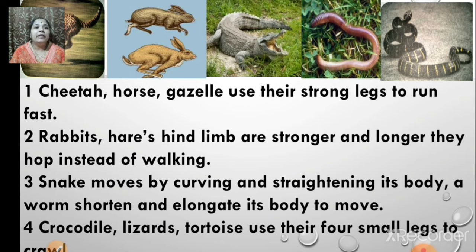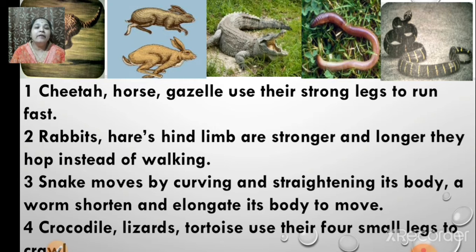Now the next picture is of crocodile. Crocodile is a reptile, and like crocodile, other reptiles like lizard, etc., have 4 small legs, and they use these legs to crawl on land. In the next picture, can you see there is an earthworm and a snake.